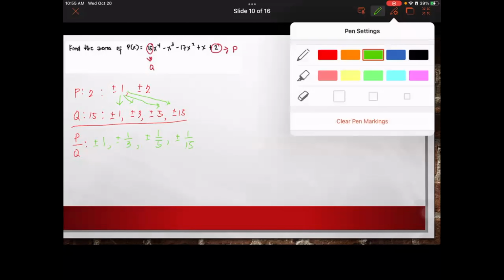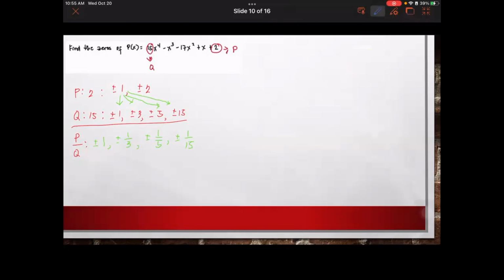Next is for the 2. 2 divided by 1, we will have positive and negative 2. Then 2 divided by 3, positive and negative 2 over 3. Then 2 divided by 5, 2 over 5, positive and negative. And the last is 2 over 15, positive and negative 2 over 15.